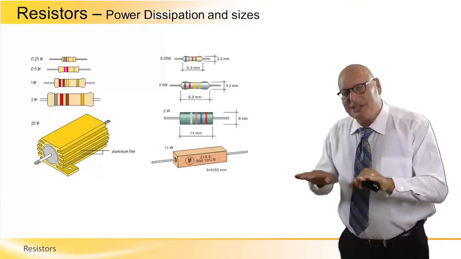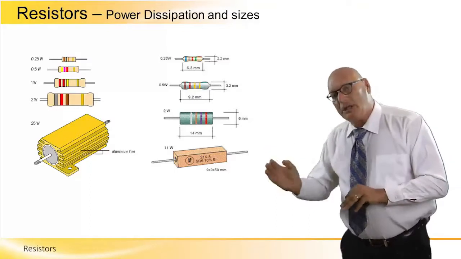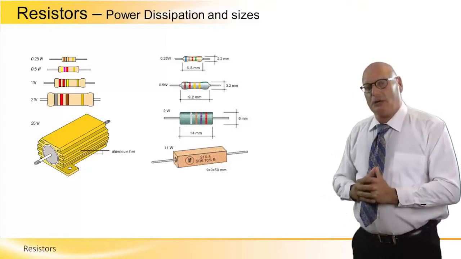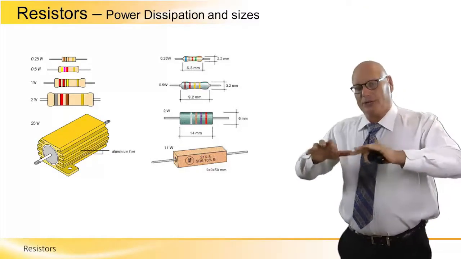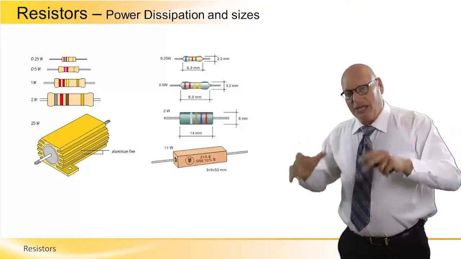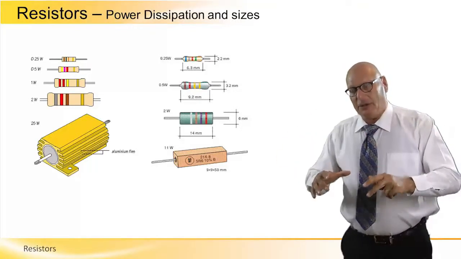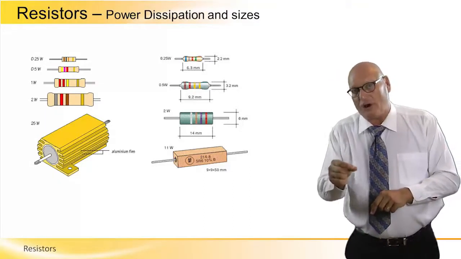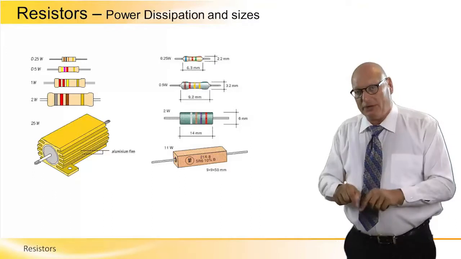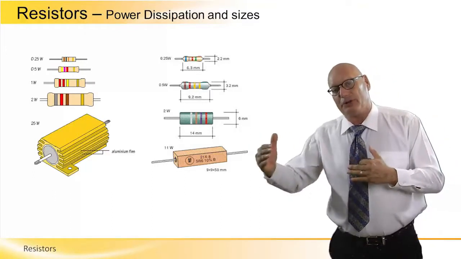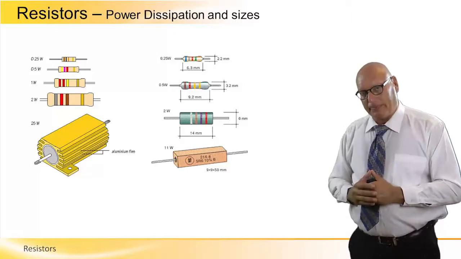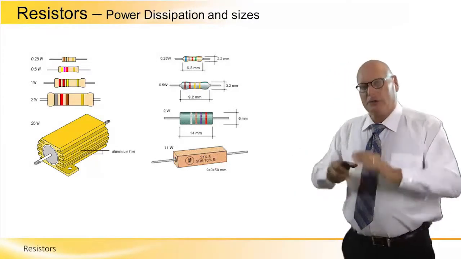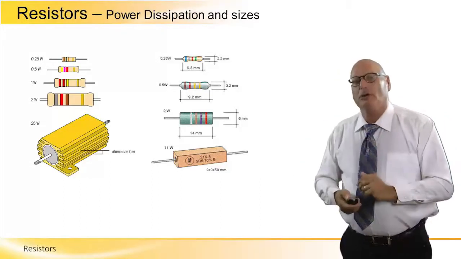If we increase the contact area to the air, the heat density per given square millimeter or square centimeter will be lower, so the lifespan of the resistor will be longer. We want to reduce the heat density all over the case of the resistor.